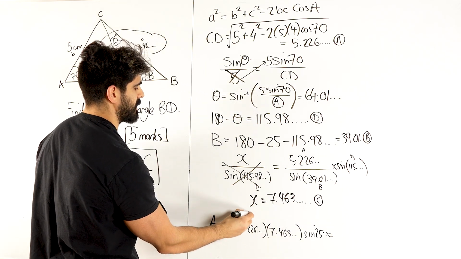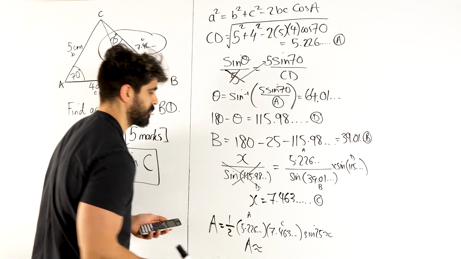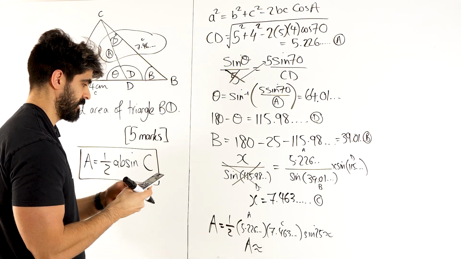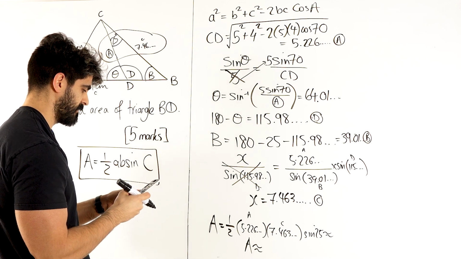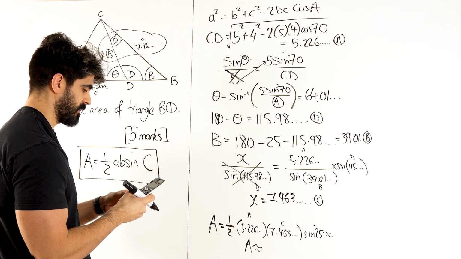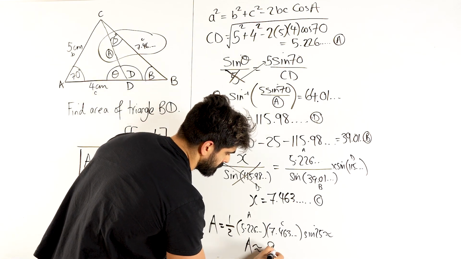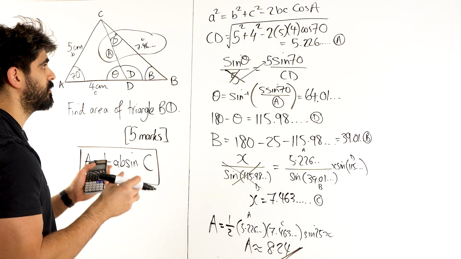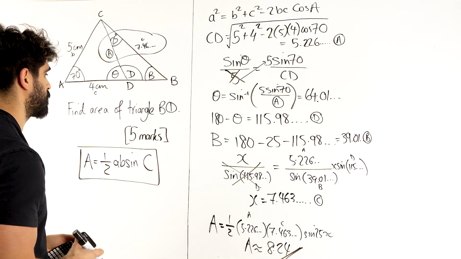Okay, so remember this is my A, and this is my C. We'll do it to 3 significant figures, so I didn't store that as C yet. So I have a half times A times C times sine 25. 8.24. And that, guys, is a very, very, very difficult trigonometry question.